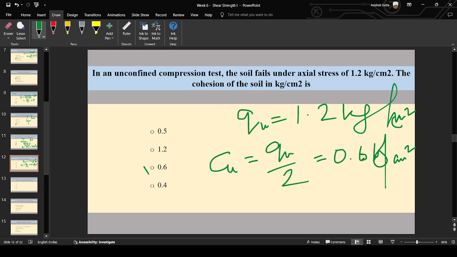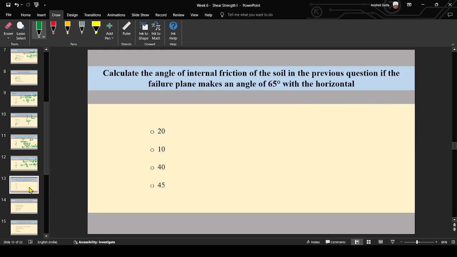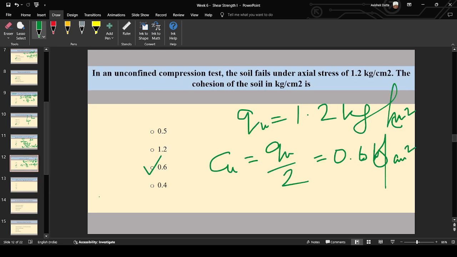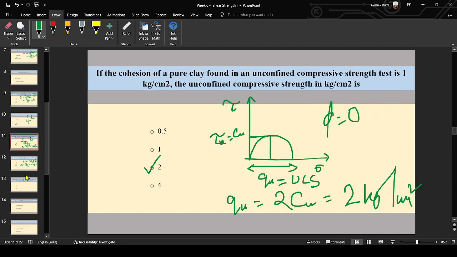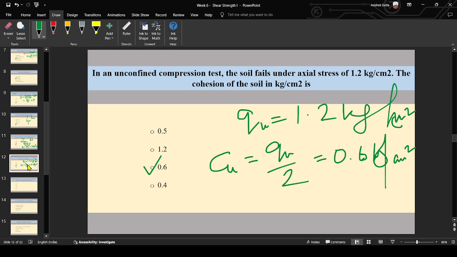So the third option is the right option. We have the axial stress at failure, nothing but the unconfined compressive strength, qu given as 1.2. Cohesion is the radius of the Mohr circle, which is half of the qu value, which will be half of 1.2, that is 0.6 kg per centimeter square.